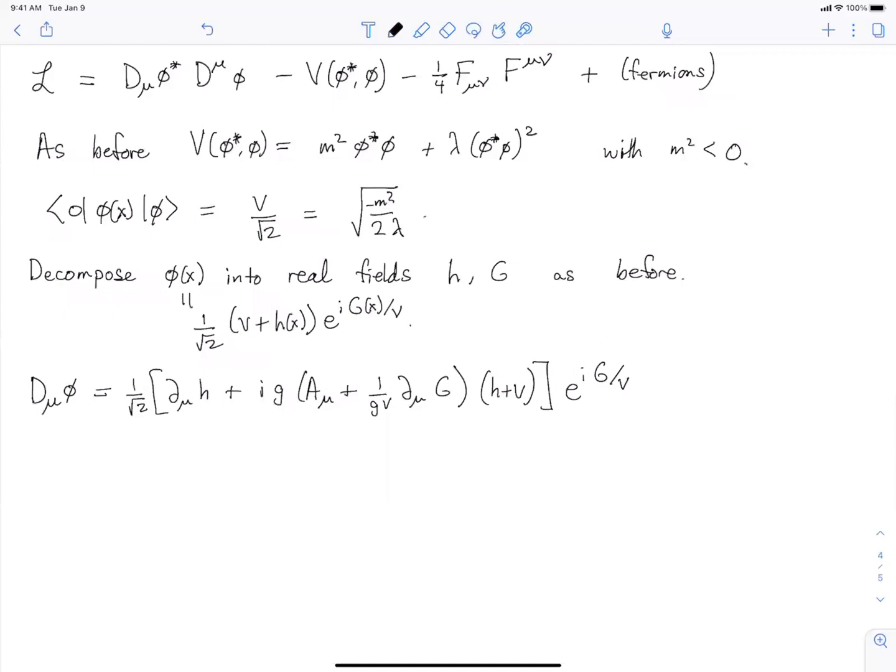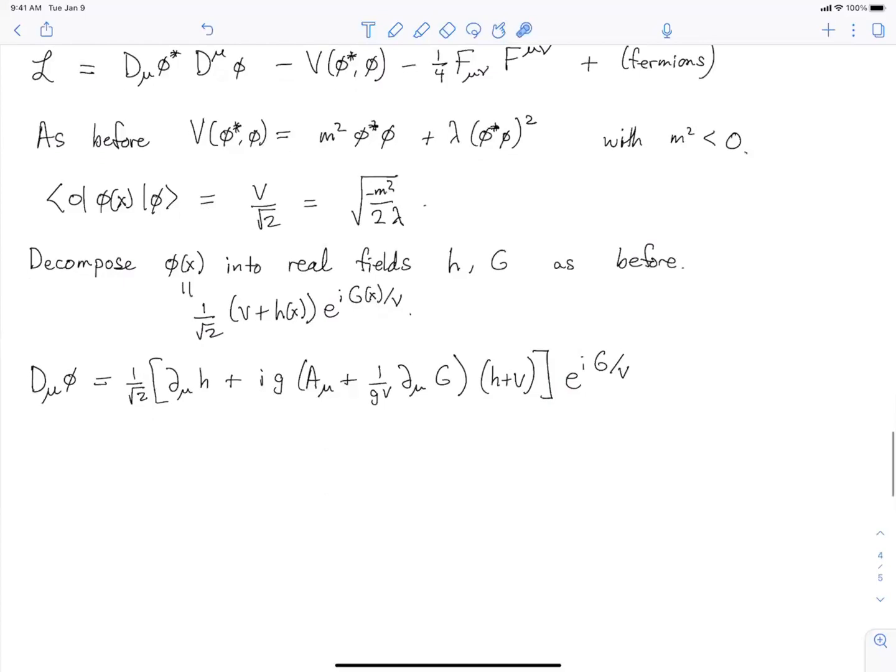All right, and so now I could do the same thing with d mu phi star, but I don't think I'm going to write it down. All you do for that is take g and replace it by minus g. And so notice that this term right here is just going to have the opposite phase, and so this exponential is just going to cancel and leave behind the rest of this stuff.